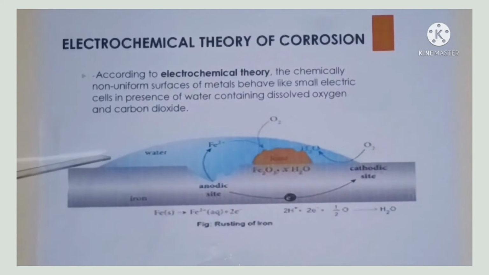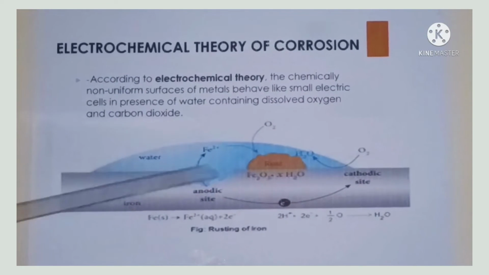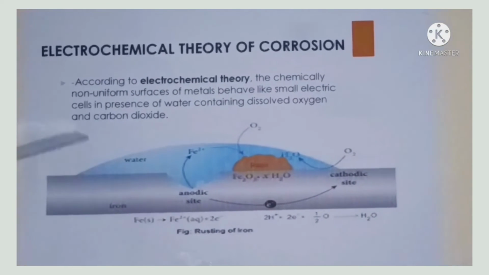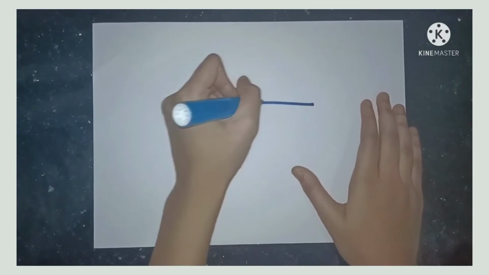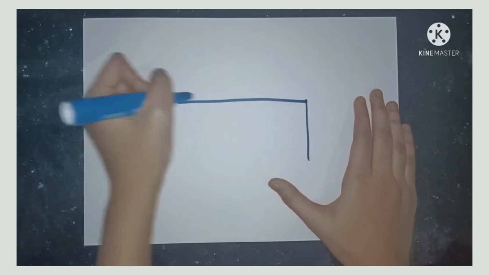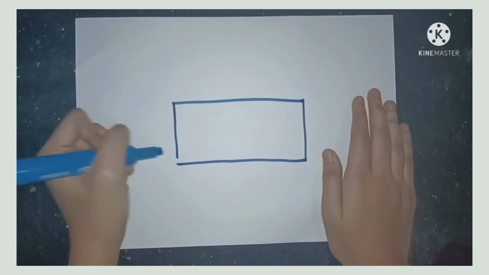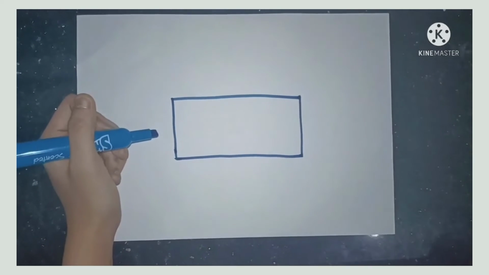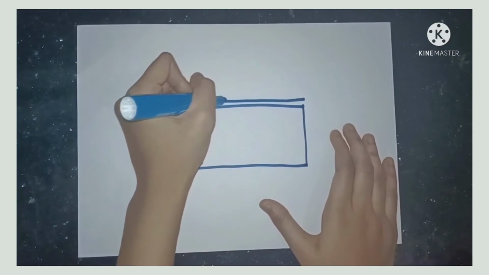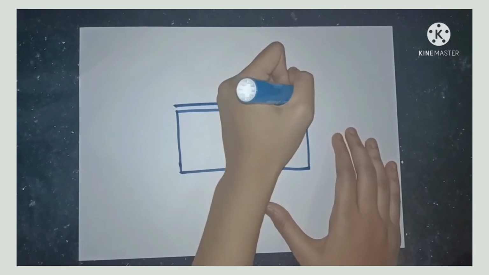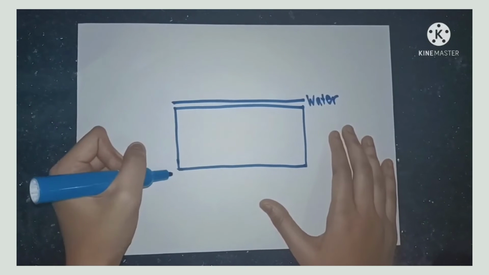After those reactions, the anodic process and the cathode process, the second important part is this diagram. We find it difficult to draw this diagram, so let's simplify this. This is the metal surface we will have. And on this surface, there will be a thin film of water.